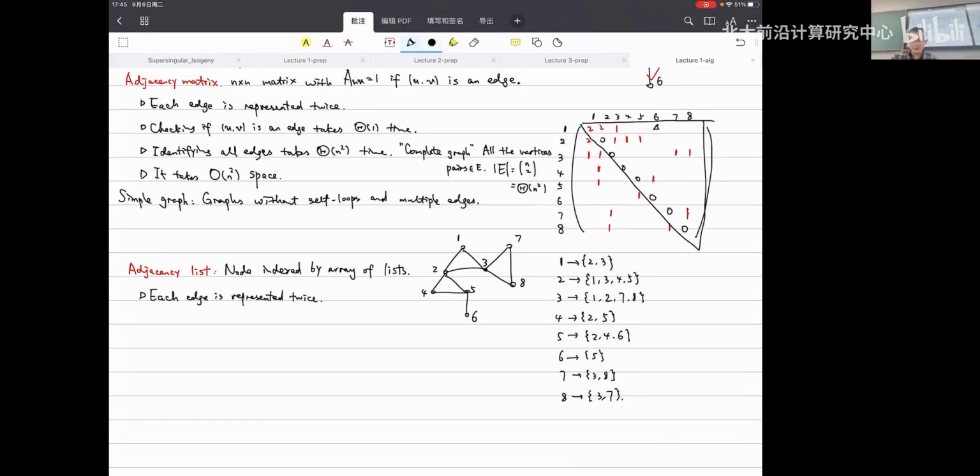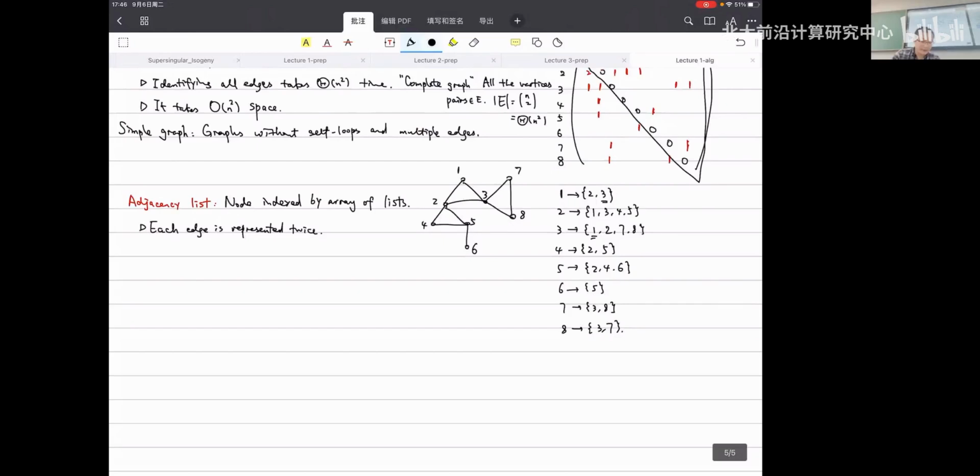Why is that the case? Take a look at the edge 1, 3. It is stored in the adjacency list of 1, and it is also stored in the adjacency list of 3. So each edge is represented twice.